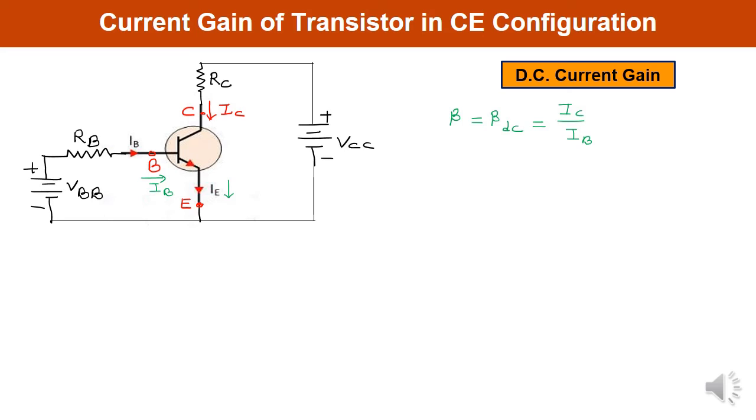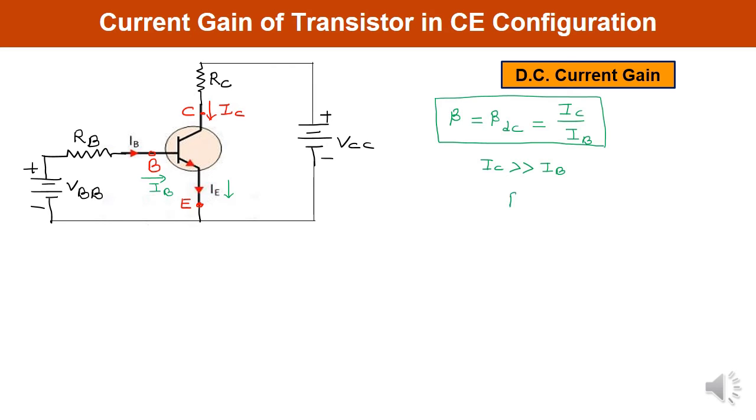And you know that the collector current is much larger than the base current, which means the value of IC is very large in comparison to IB. We have already discussed in the operation, because the doping of collector is very high in comparison to the base. It means the value of beta is much greater than unity.